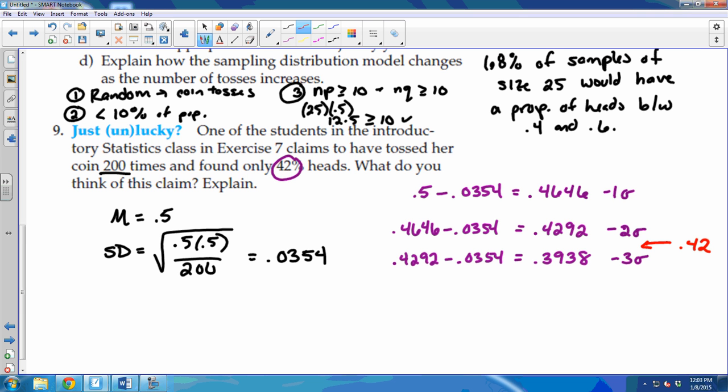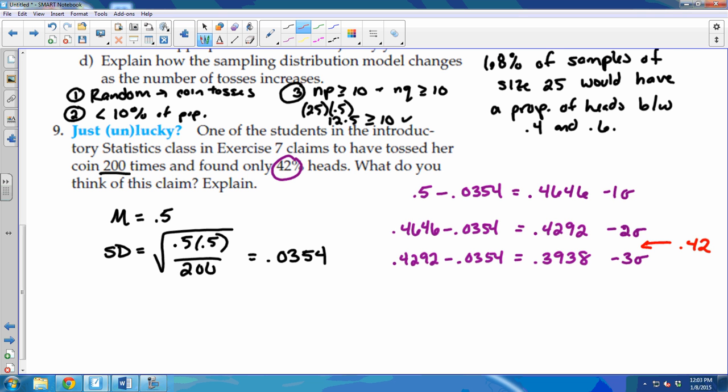But questions about number 9? I would accept 2 answers. I would say either it's within the 3 standard deviations from the mean, so it's not unusual, or I would say it's below 2 standard deviations from the mean, so it is unusual.